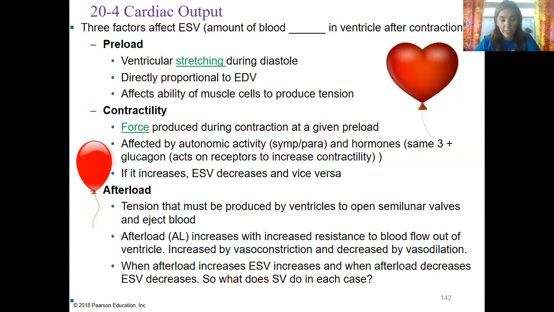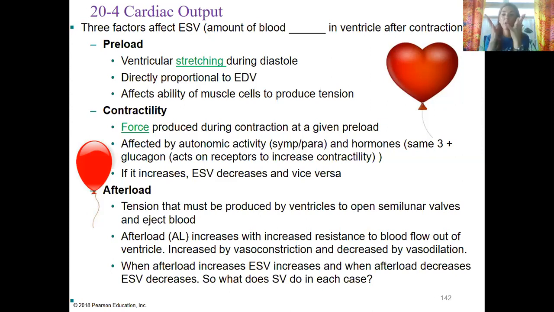If we have increased contractility, so let's say we have better preload, we have a better stretch. Because of our better stretch, we're going to have those muscle cells happy. The muscle cells want to be stretched. They don't like to be lazy. So we have a better stretch, a better ability to contract, which means we're going to have a greater force.